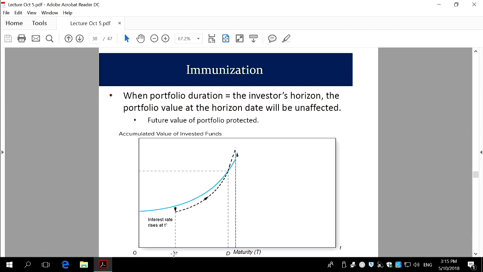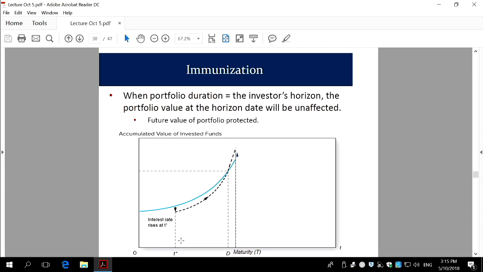At maturity you get the same par value, but the reinvestment of coupon gives you a higher cash flow. So if you hold all the way to maturity, the cash flow would be a little bit higher if the interest rate becomes higher.